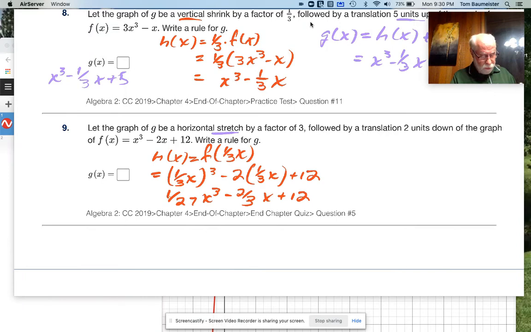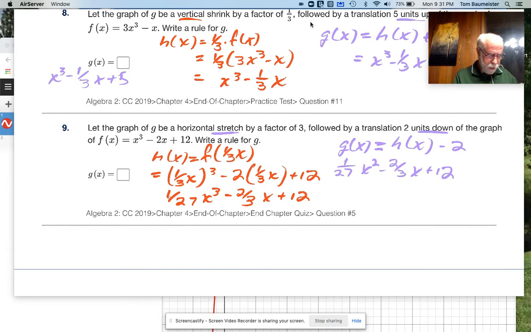Then our g of x, in this case, it's 2 units down. So again, if it's up or down, we're taking our previous one, which was h of x, and in this case, we are going to subtract 2 from it. So we're going to take our 1/27 x cubed minus 2/3 x plus 12.